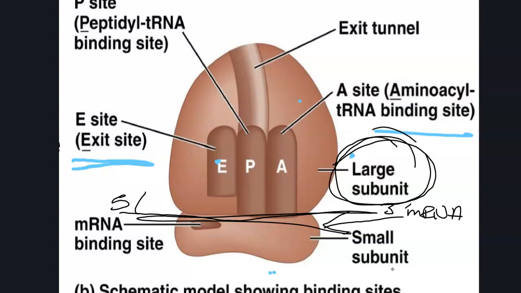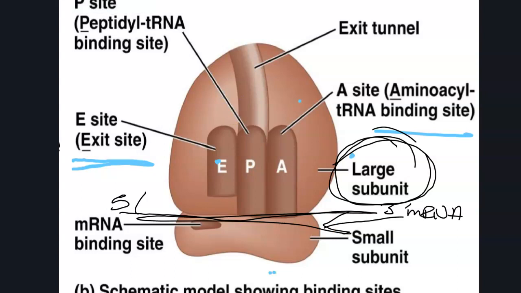That's the one that gets the empty tRNA once its amino acid has been detached from it and formed the peptide bond, right? Then the P is the peptide and the A is amino. Basically, the new ones come into the A, the growing peptide chain is on the P, and then the E gets the empty one. So what that looks like, let me go back and show you.